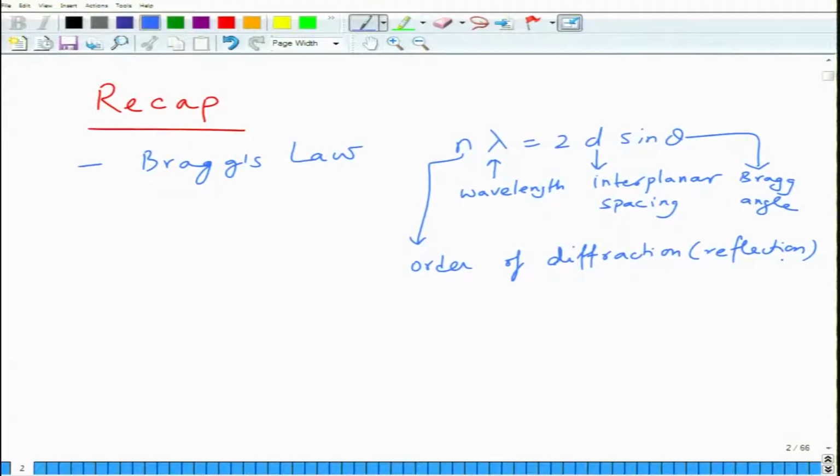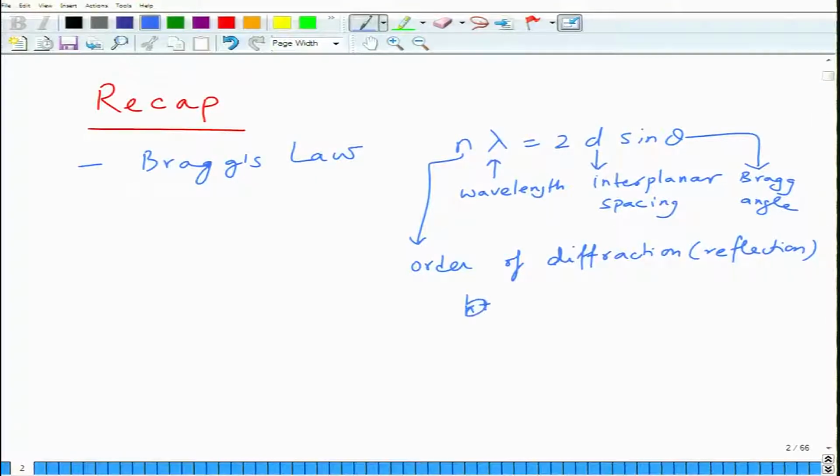We discussed the significance of all of these parameters. You can see that there is a reciprocal relation between d and theta. As your planar spacing goes down, d is equal to a divided by square root of h square plus k square plus l square.